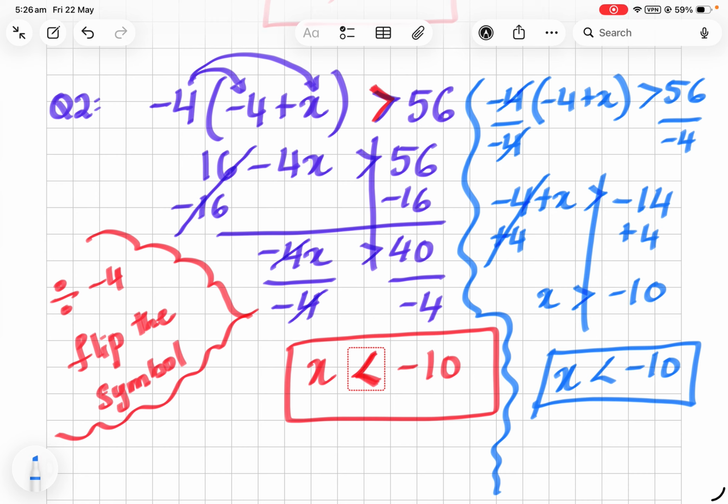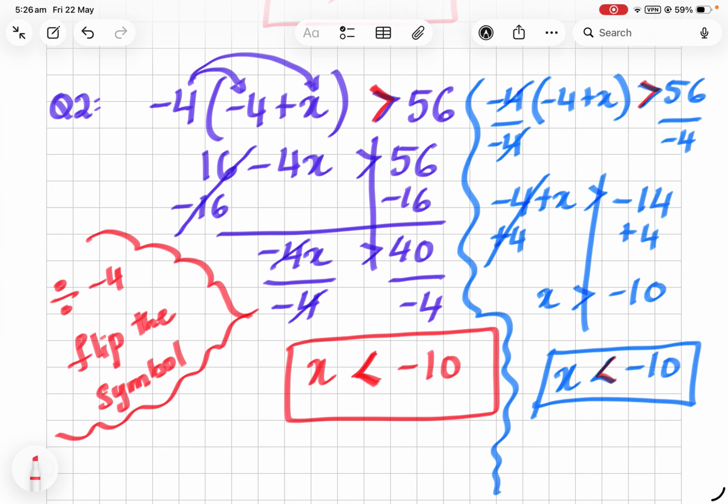Or in the end, remember that you divided by a negative number, so the inequality has to be flipped. Whichever method is easier for you, you can proceed. But again, we are revolving around the same 5 golden rules of solving equations, and the same thing applies in inequalities as well.